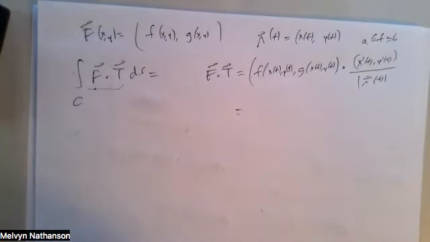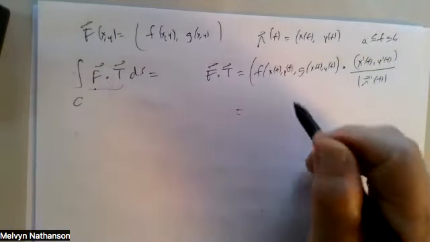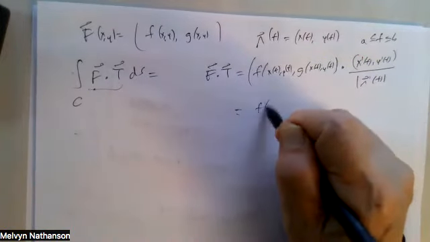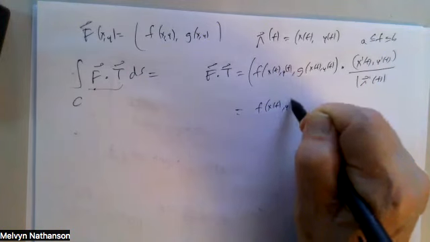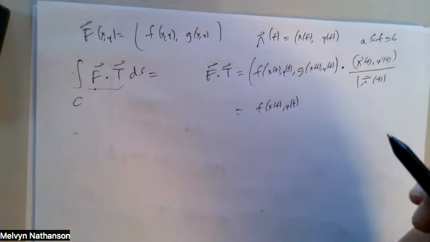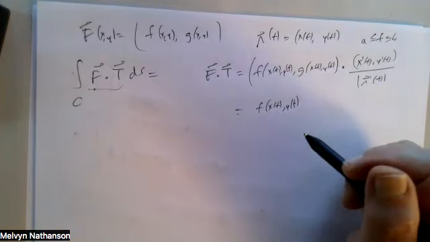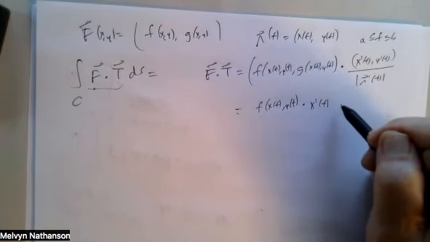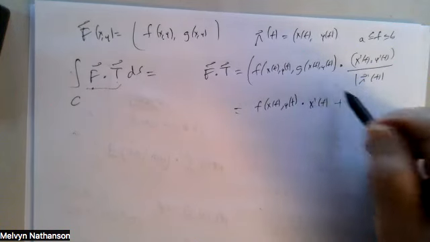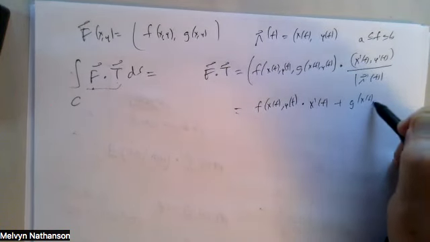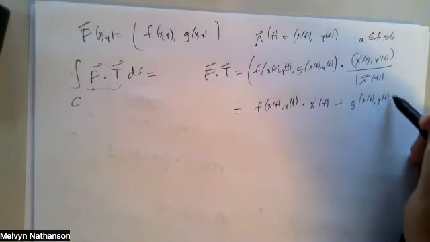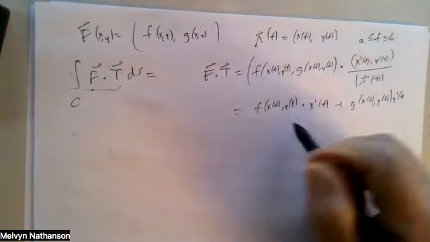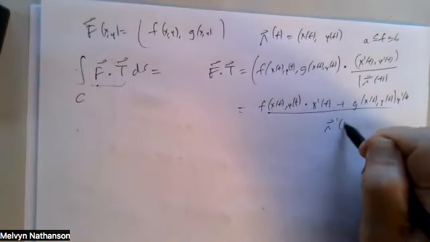So when I compute this dot product, I get f of x of t, y of t times x prime of t plus g of x of t, y of t times y prime of t, divided by the magnitude of r prime of t.